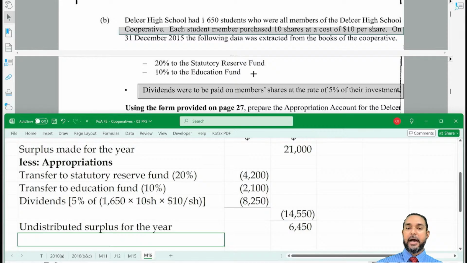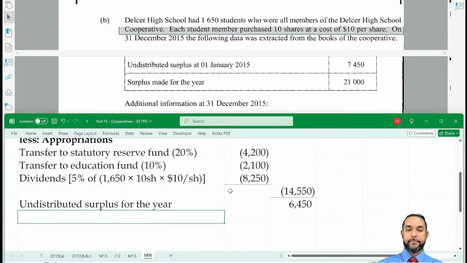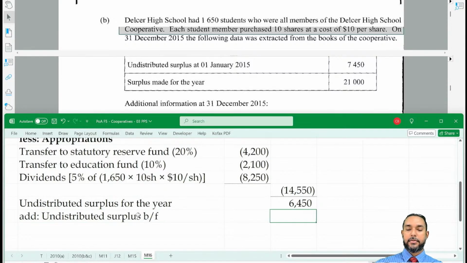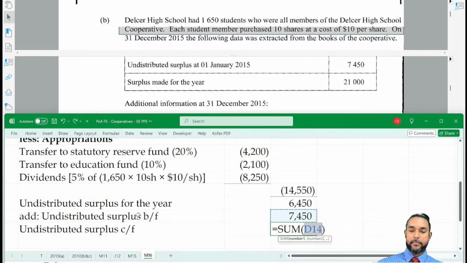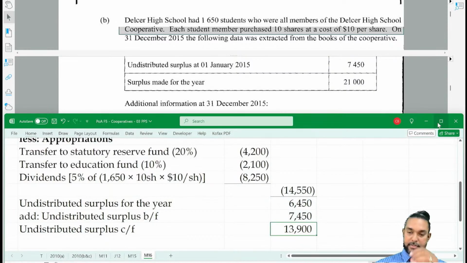And to that, we're going to add the undistributed surplus brought forward of 7450. And this is undistributed surplus carried forward. Add those two together and we're good to go. Right, so let's maximize that and see what we have.